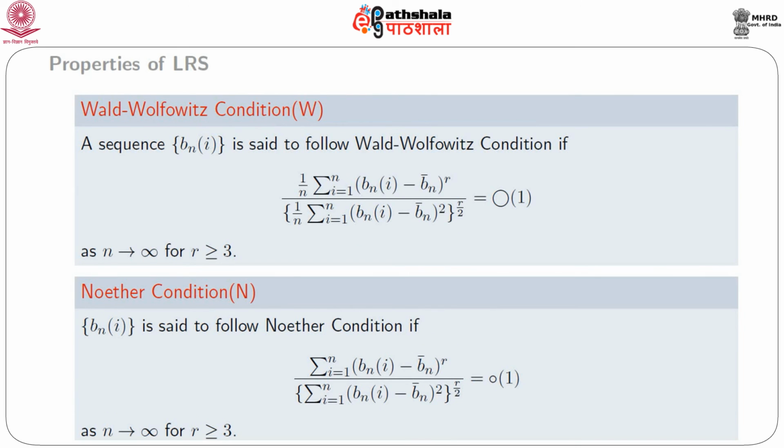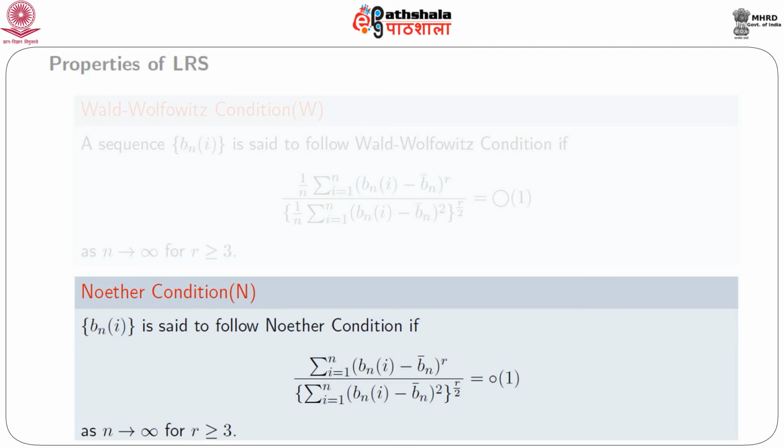Now, we shall discuss the asymptotic distribution of linear rank statistics. You can check our presentation that there are given some conditions, say Wald-Wolfowitz condition, some Noether condition, and then Webb-Dim condition.